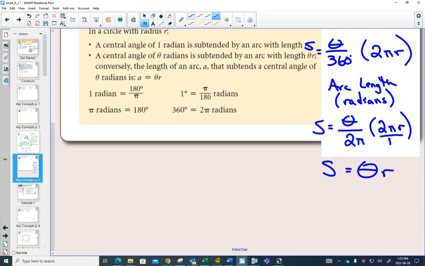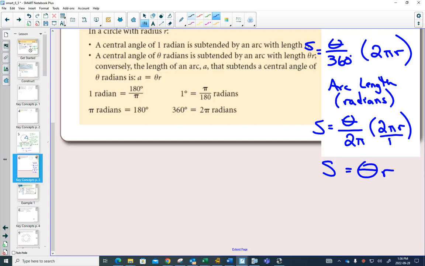Theta r. Okay? Again, personally, I like this formula and this formula better because they have meaning. They are a proportion of the circumference. But I can totally understand when those 2 pi's cancel out so nicely that reducing it to theta r makes sense. Okay? This formula is on your formula sheet.